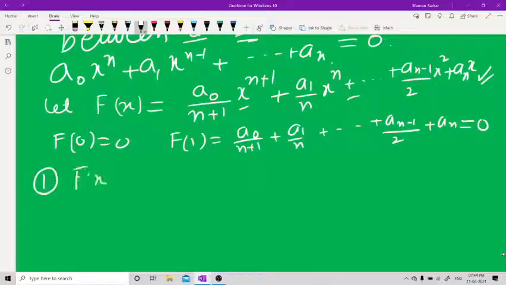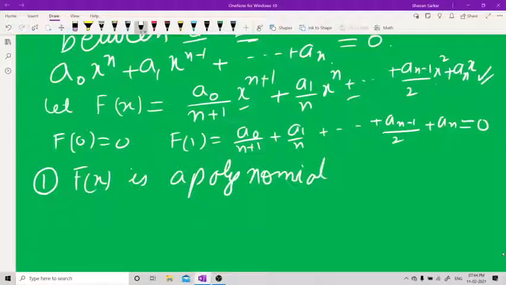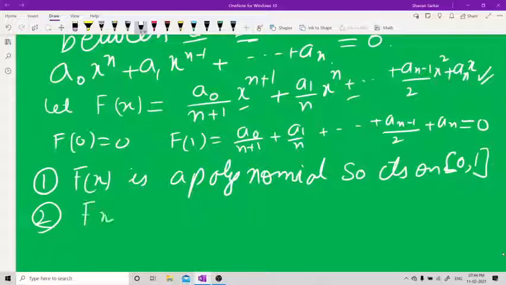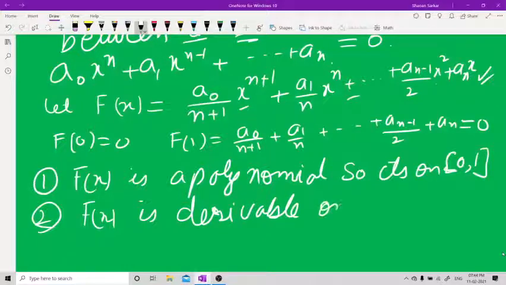Fx is a polynomial, so continuous on 0, 1, closed interval. Second, fx is derivable on 0, 1. Okay, sorry, open interval 0, 1 it is. On 0, 1.